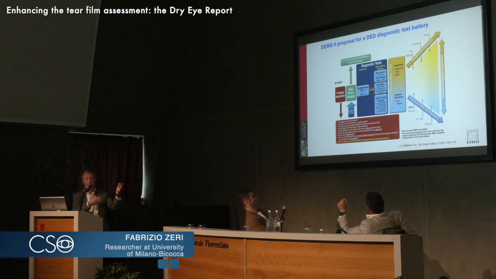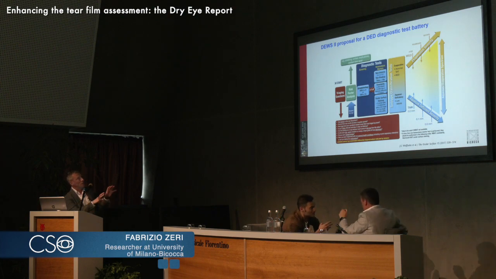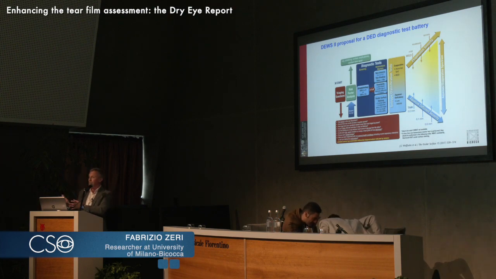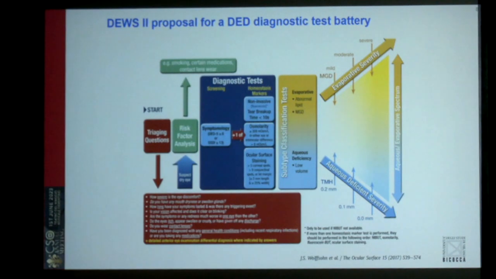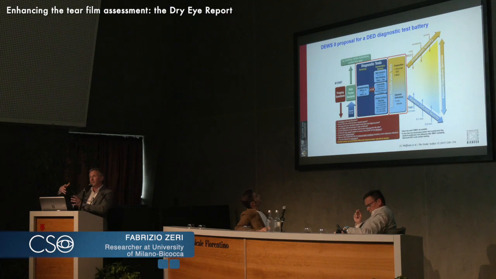James Wolffsohn from Aston University led this subcommittee. So it is the way to diagnose the tear film disease, so the dry eye disease, sorry. And if you see what they highlight, there are some diagnostic tests, one of screening, symptomatology, and signs like tear non-invasive breakup time, osmolarimetry, ocular surface staining, which is the problem that arises in the ocular surface.